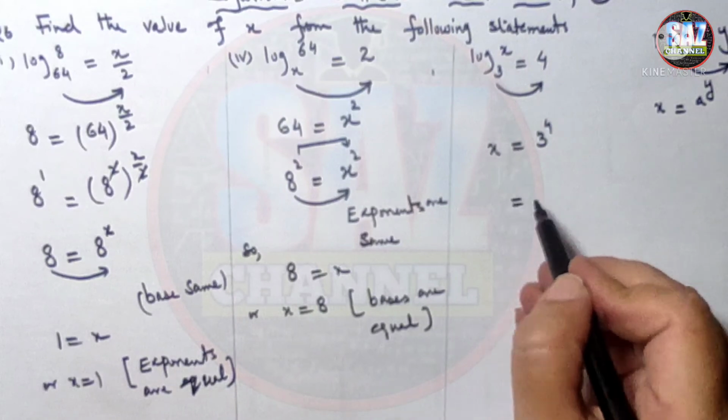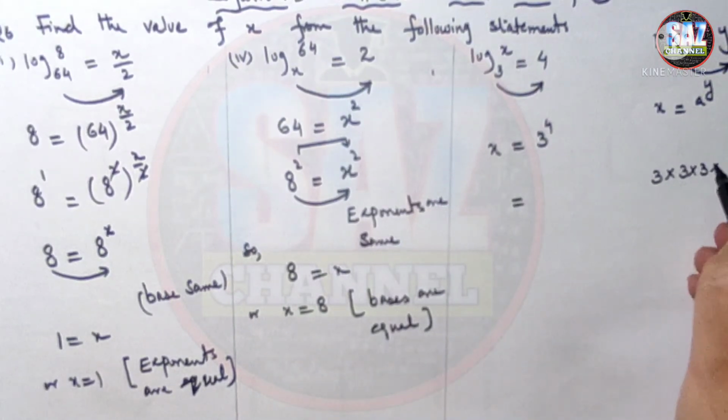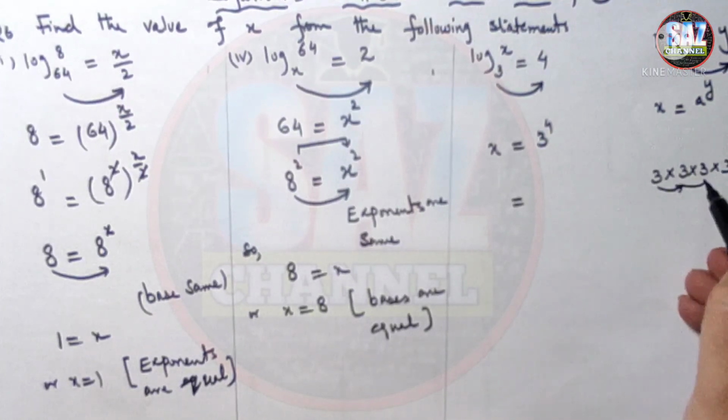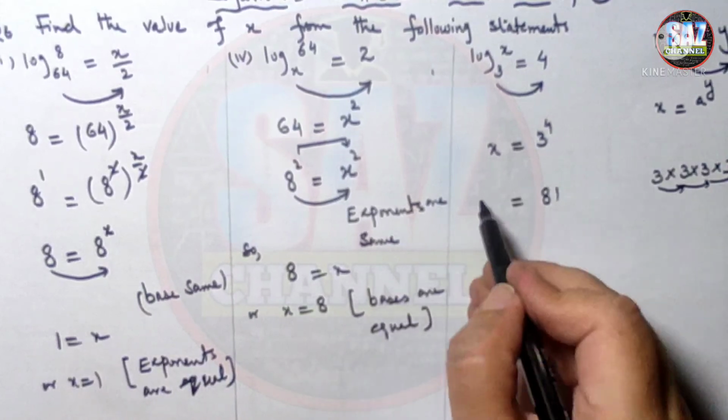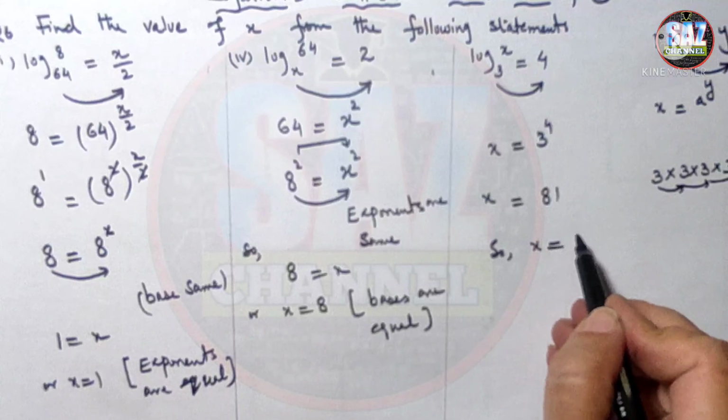Now 3 raised to the power of 4 means I have to multiply 3 again and again, 4 times. 3 3s are 9, 3 9s are 27, 3 27s are 81. So the required value of x is 81.